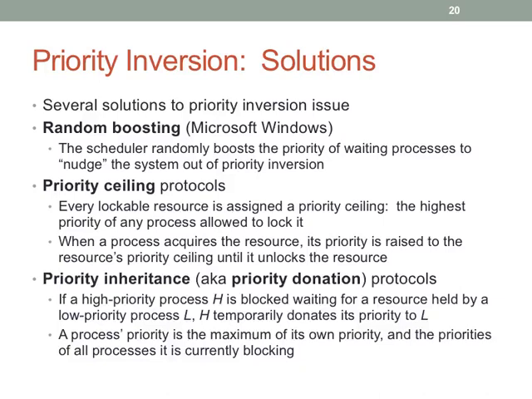Then you have priority inheritance or priority donation, which is what you're implementing. And so basically when you want to lock something, if it's not available, you donate your priority to whoever's holding that resource. And so that's the idea here. So the process's priority is basically the maximum of its priority plus everybody that it's blocking. Okay? And so priority inheritance and priority ceiling are two different versions of the same thing.